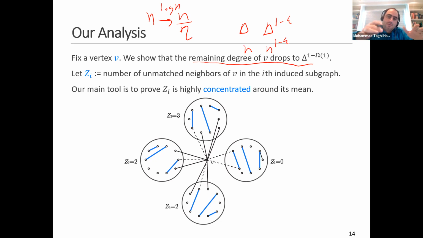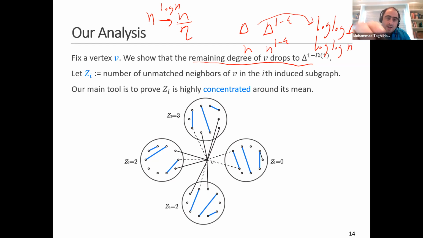If in the recursion, from a parameter n you are reduced to instances where the parameter is n to the 1 minus epsilon, or delta to the 1 minus epsilon, the depth of this recursion would be log delta.